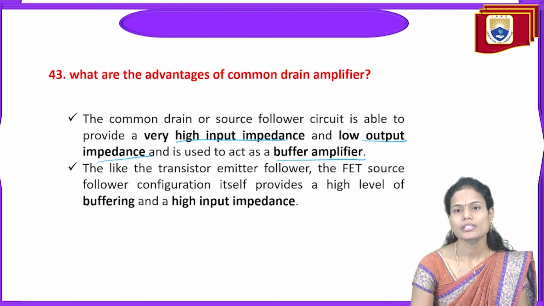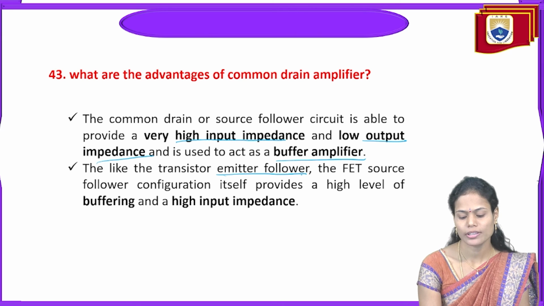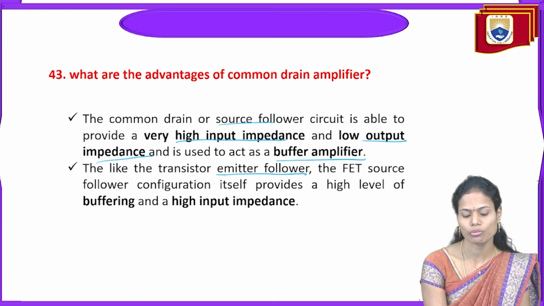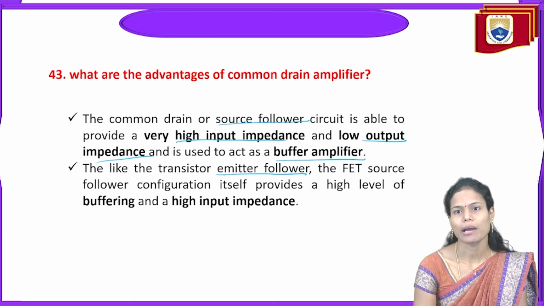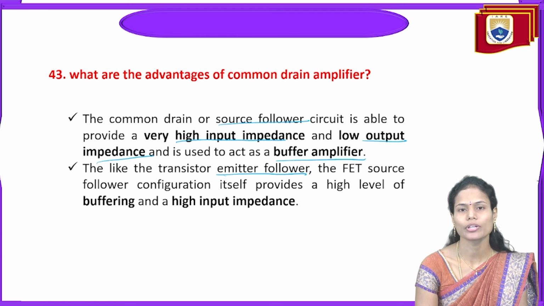And in the case of the bipolar junction transistor, there is the emitter follower. The same kind of operation we can expect in the case of the source follower or common drain amplifier here. So this particular common drain amplifier itself provides a very high level of buffering as well as very high input impedance.